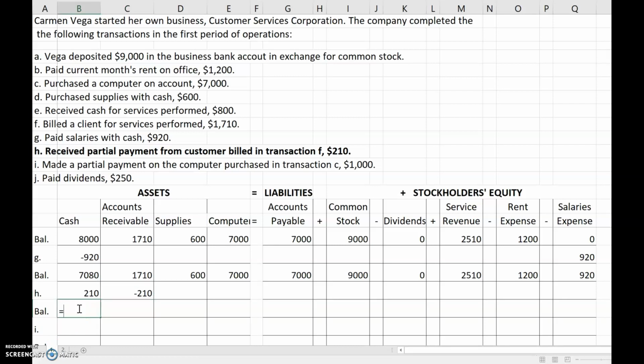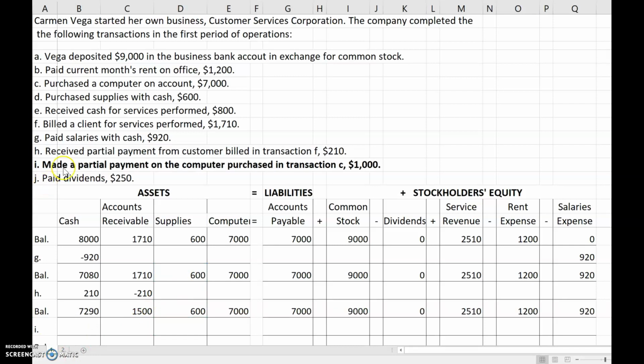So now we've got cash, 7,080, plus the 210. We've got cash of 7,290. Our accounts receivable, 1,710, minus 210 is the same as plus a negative 210. So we've got 1,500, and now we're just going to bring down all of the rest of our balances.